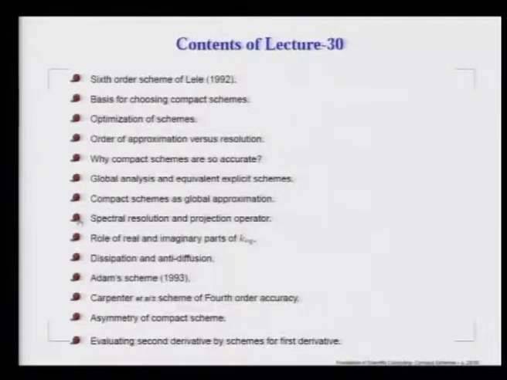That is what we are going to talk about. And once we do that, taking the derivative is equivalent to converting the k, the wave number, into an equivalent k, which we have called k eq, which will now have a real and imaginary part. The real part actually represents the phase, while the imaginary part represents dissipation or anti-diffusion.